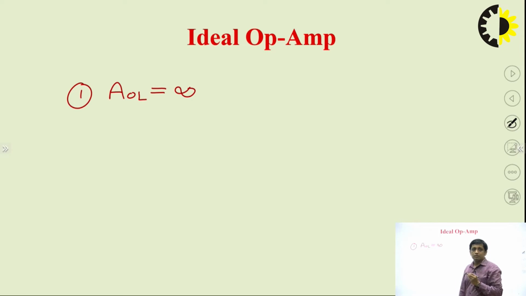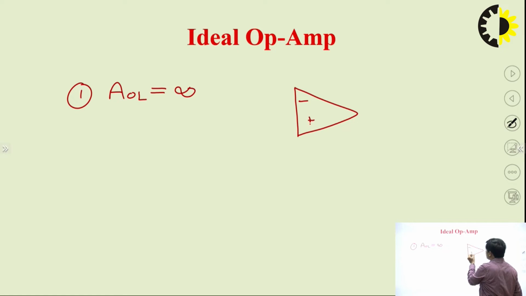Firstly we need to understand what this open loop gain is. To understand it, let's again draw the schematic symbol of operational amplifier. Let's say V1 voltage is applied at the non-inverting terminal, V2 voltage is applied at the inverting terminal, and the output voltage of this operational amplifier is V0. You can see that there is no feedback path, so this op-amp is in open loop configuration.